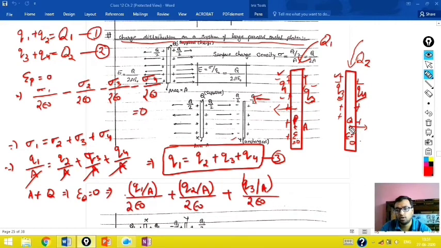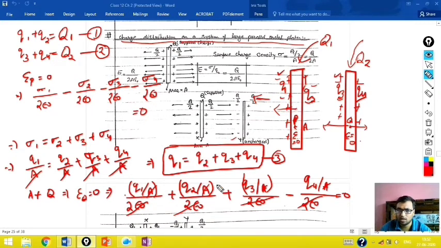But due to this Q4, electric field will be towards left, so we will write Q4 upon A upon 2 epsilon naught. From here we can say all these values will be cancelled out, and we can say that Q4 is equal to Q3 plus Q2 plus Q1.